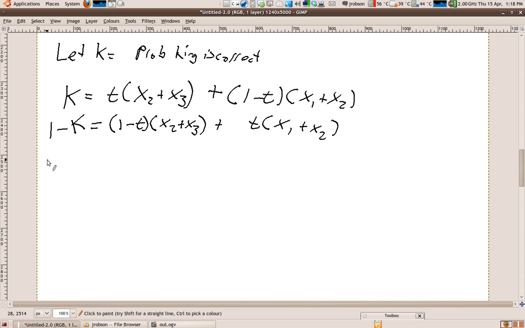Now we want k equal to a half. If k equals a half, 1 minus k equals k.